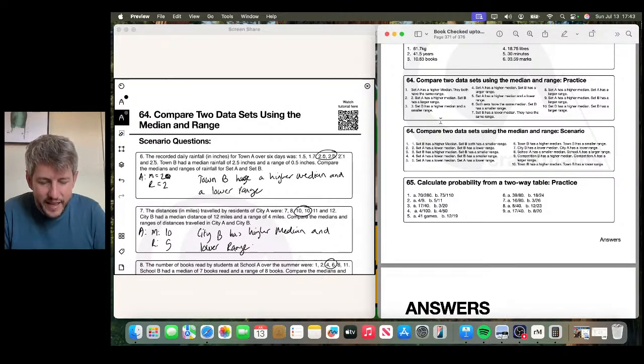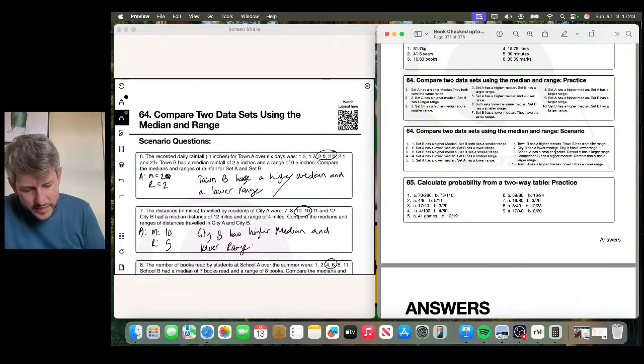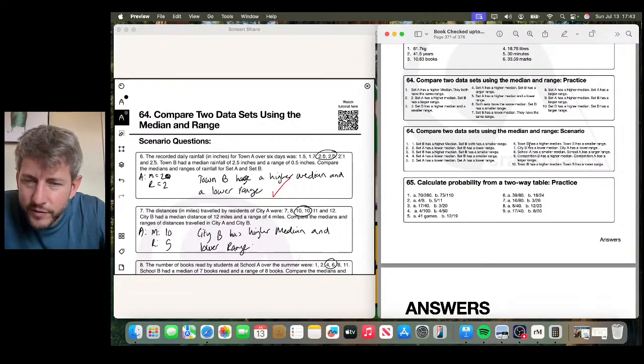Town B has a higher median and a lower range. Yep, so they've said city B has a lower median. Oh, I said city B has a higher median. So this one has city A with a median of 10 and city B with a median of 12. So city B does have a higher median. Okay, that's good.